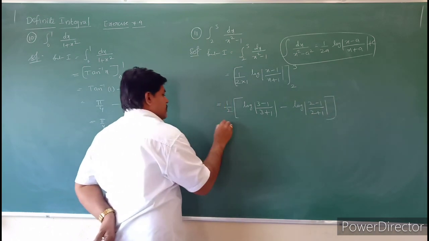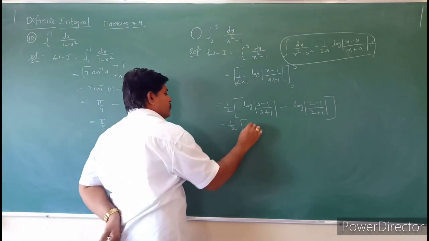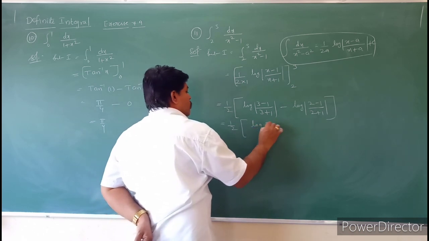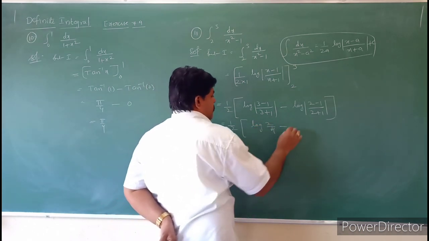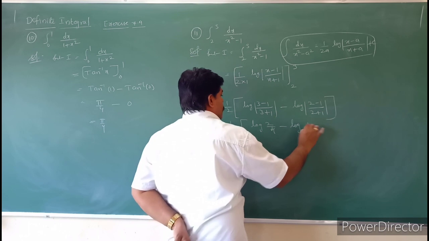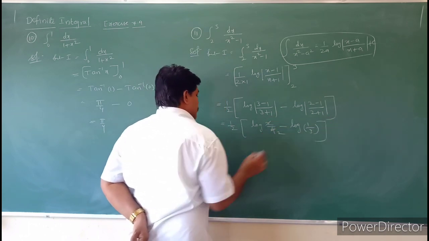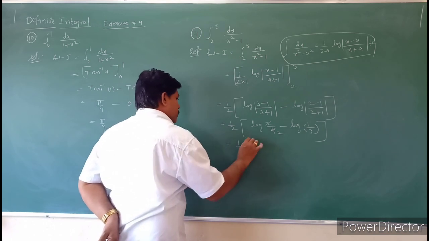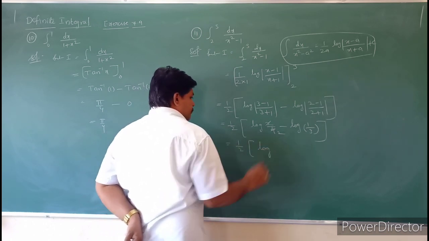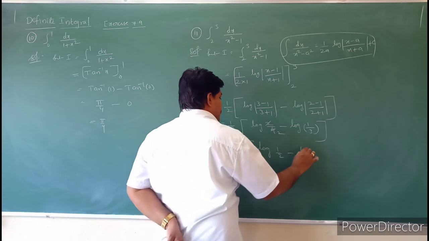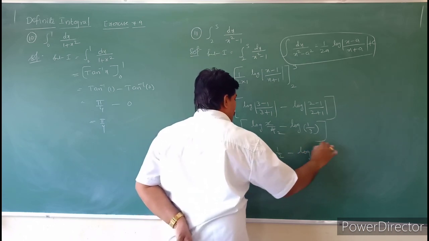So that is 1 by 2 into log 2 by 4 minus log 1 by 3. That is equal to 1 by 2 into log 1 by 2 minus log 1 by 3.